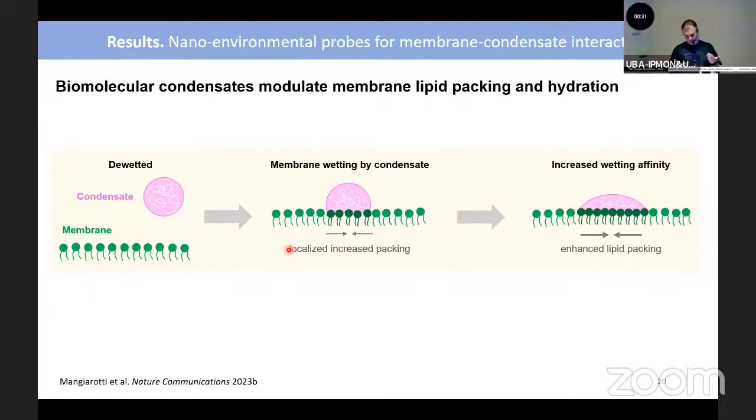If you want to go through the paper, you can take a look at this. But basically, we ended up proposing something new: the effect of the condensate on the membrane is a fact, but also the environment where the condensate is can trigger effects on the membrane, which is interesting because now we can come back to what is the purpose of this condensate.